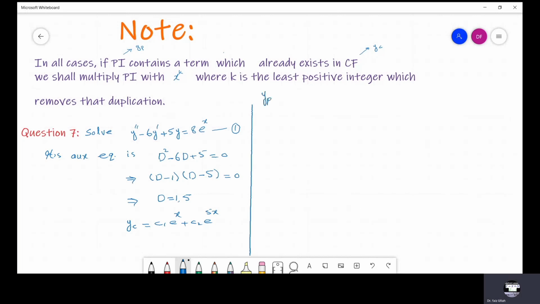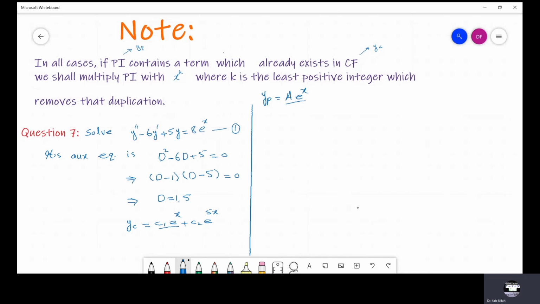So the typical yp according to case number 1 for this problem is a e power x. But we can see that a e power x is common with c1 e power x. Just look at the function of x here. We have e power x in yp and we also have e power x in yc.